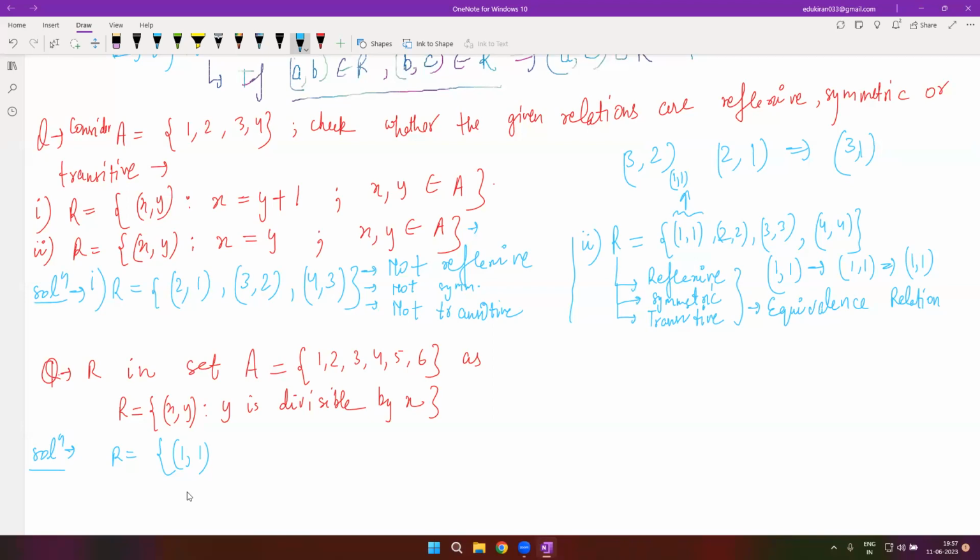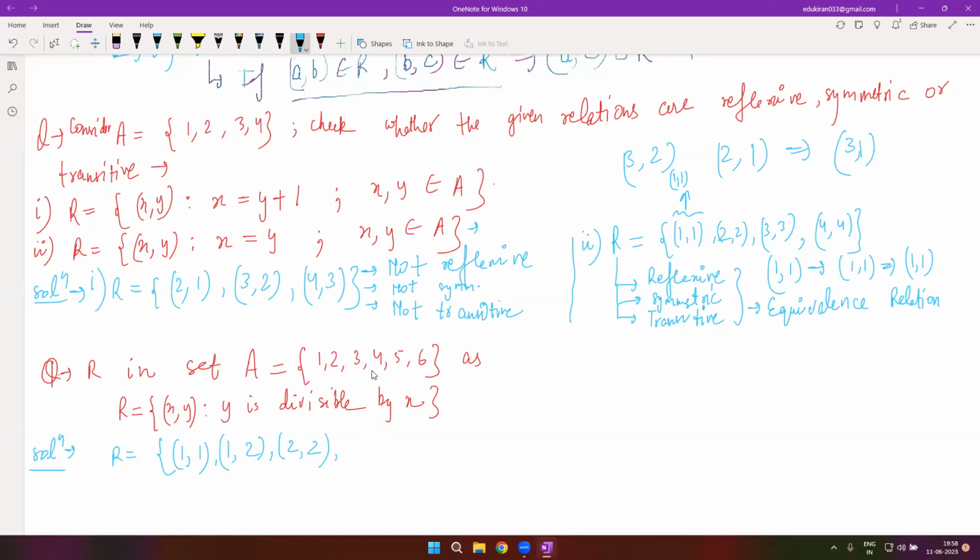So if you take y = 1, then x also has only one value, which is 1. If you take y = 2, then x can be 1 or 2, because 1 and 2 both divide 2. So if y is 2, x can either be 2 or it can be 1.